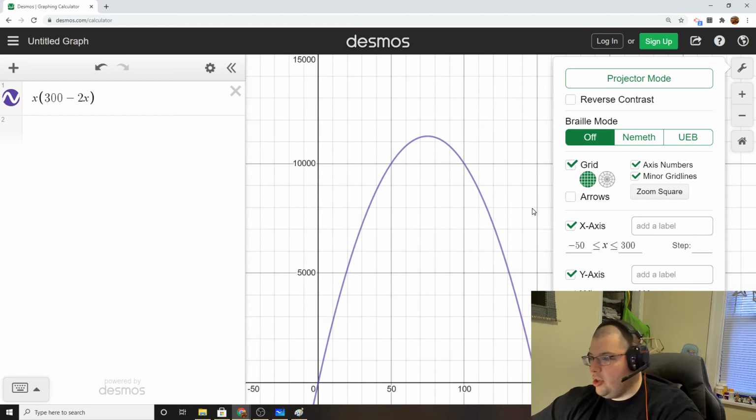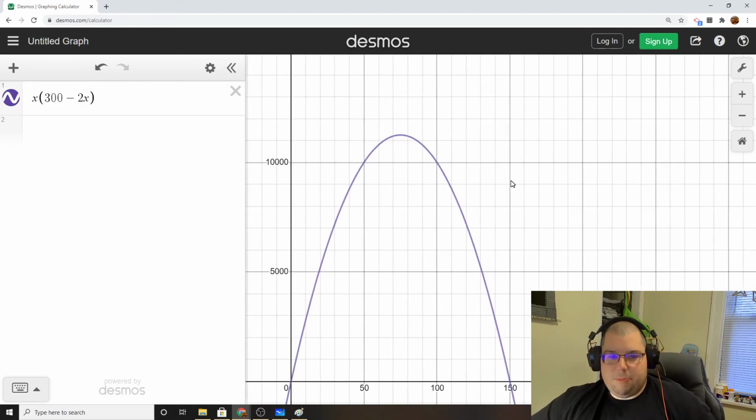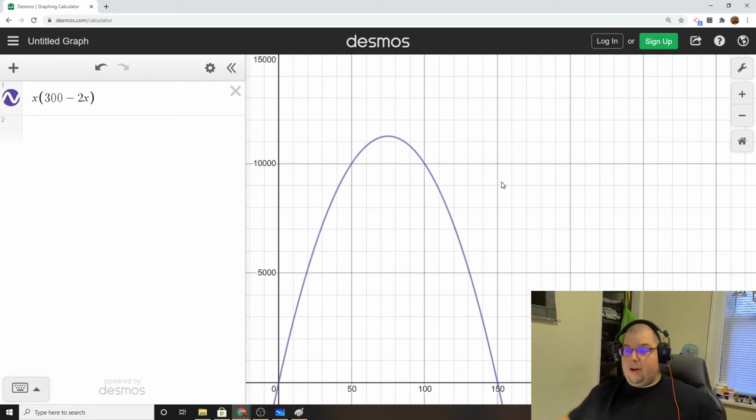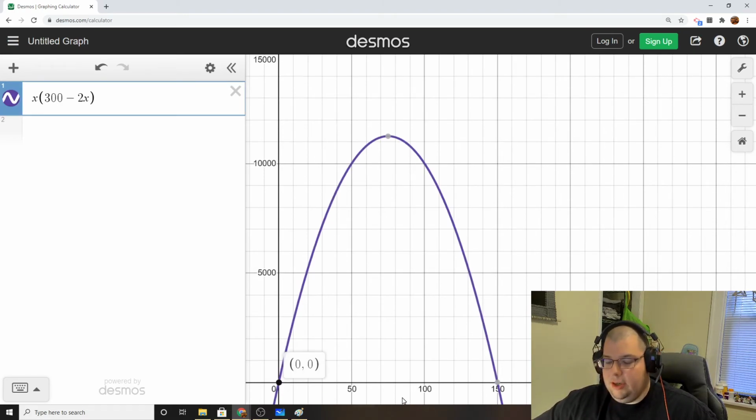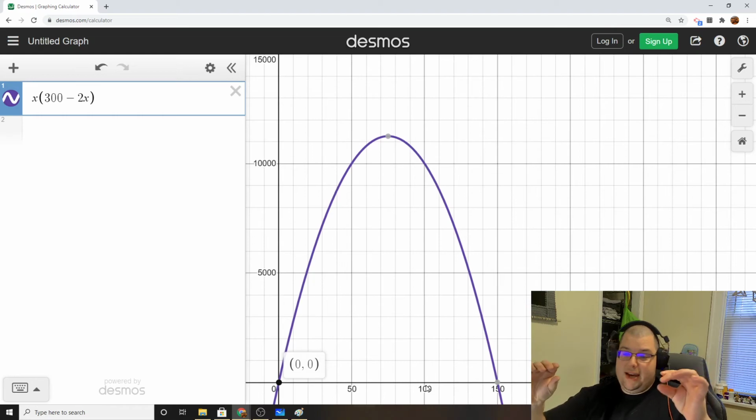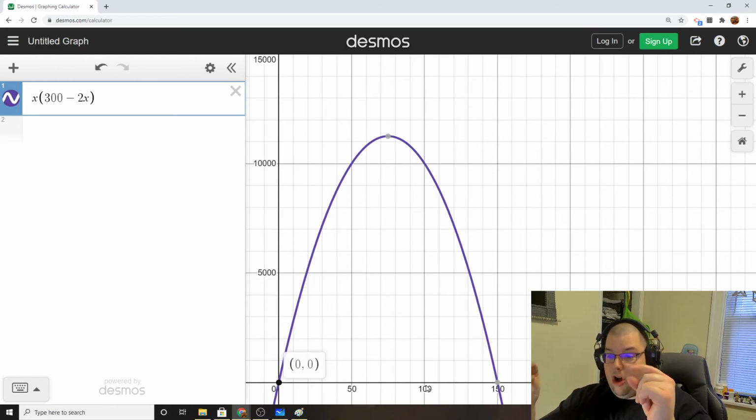There we go. So this curve depicts the area of my play area. And this point, that 0, 0, represents if x was 0, we didn't go away from the school area at all.